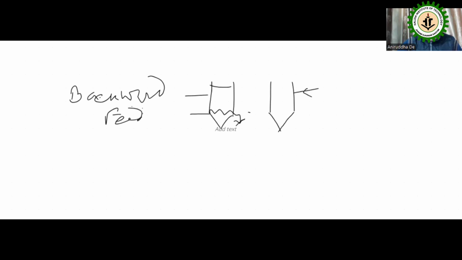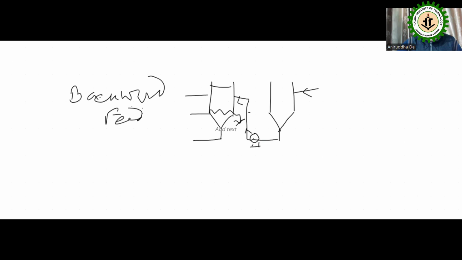Whatever product we get, that is pumped into the first effect, and then we get the final product.